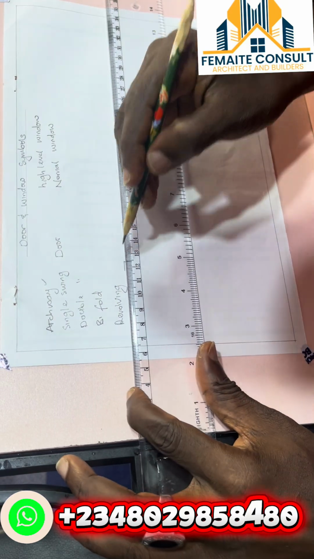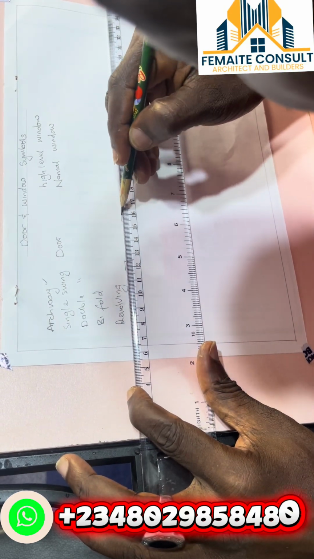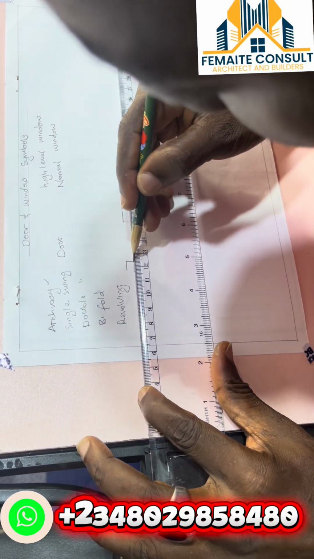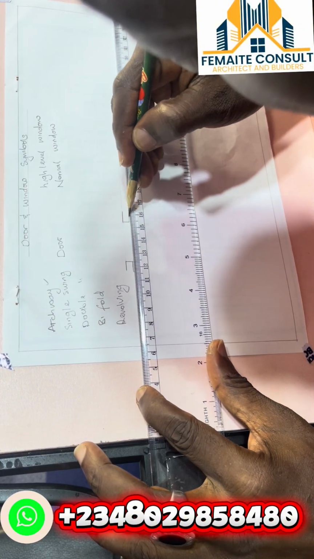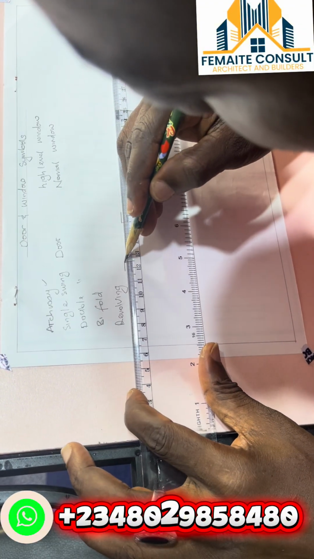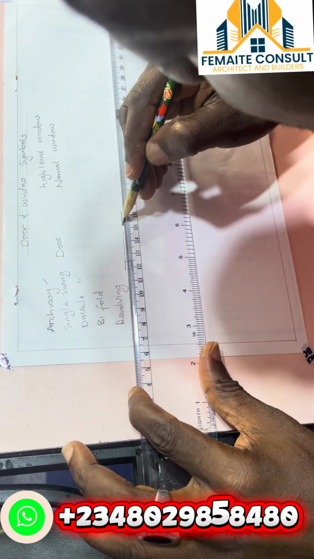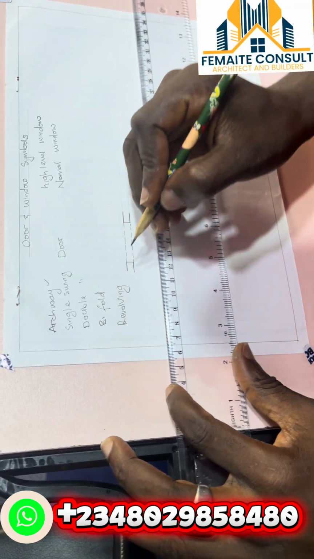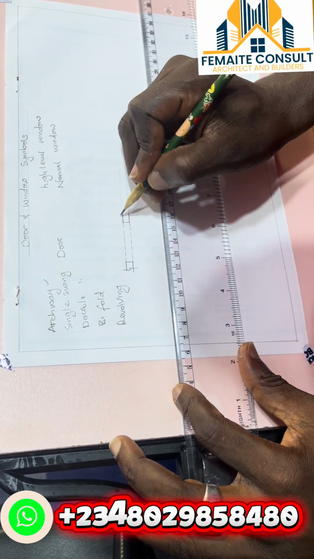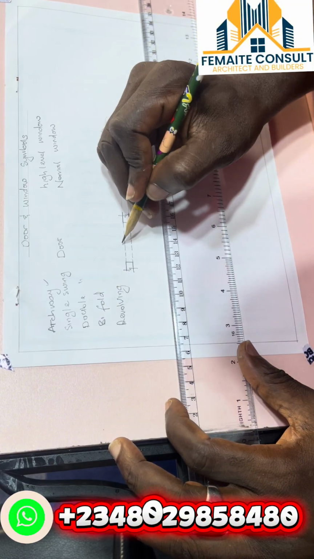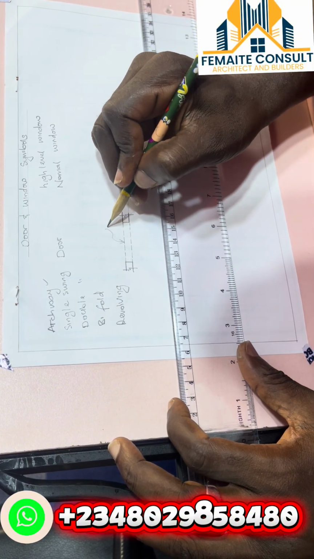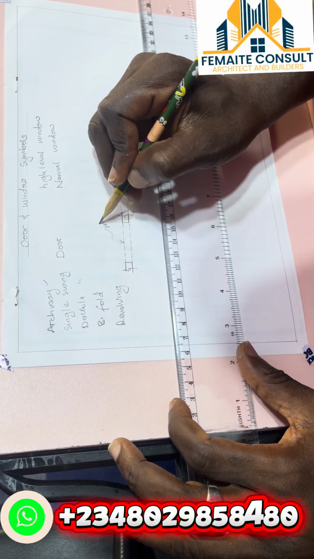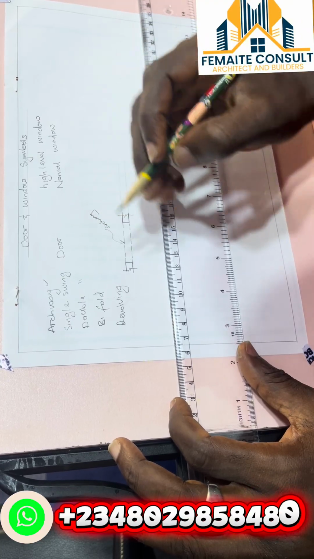So this is an archway. This is a continual wall. This is an archway.